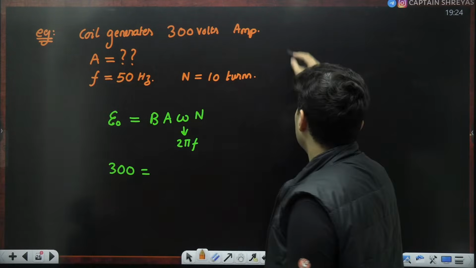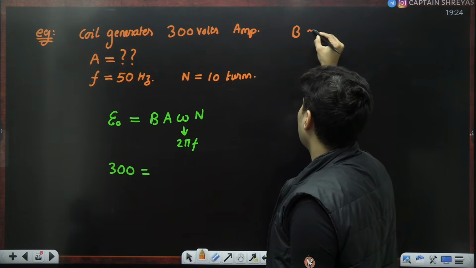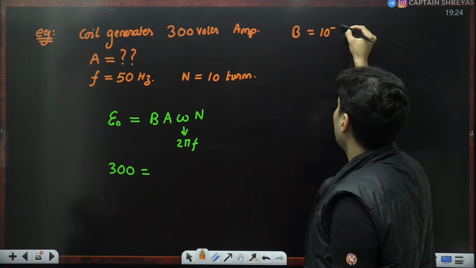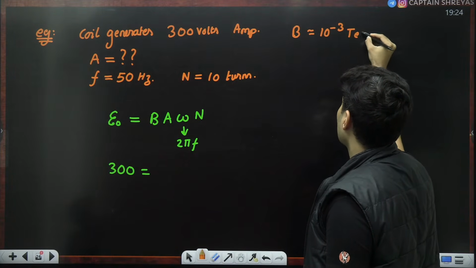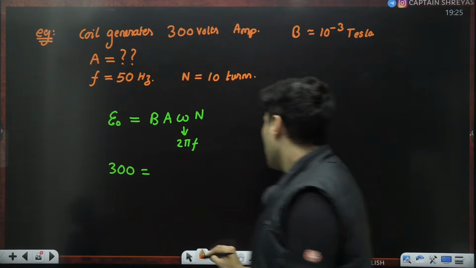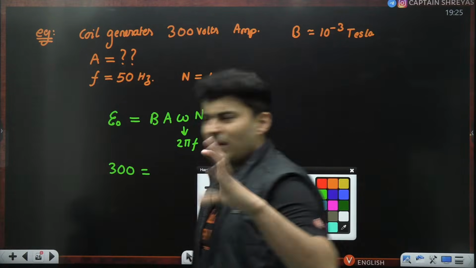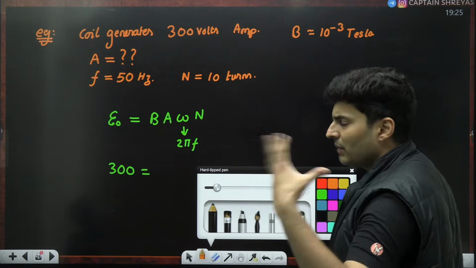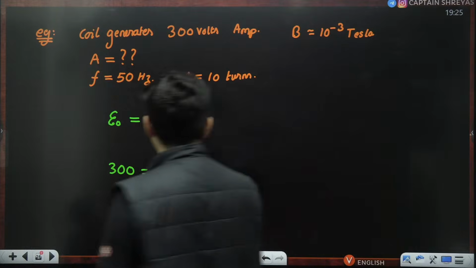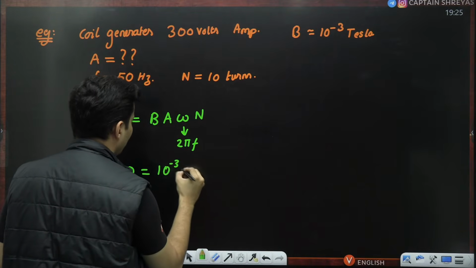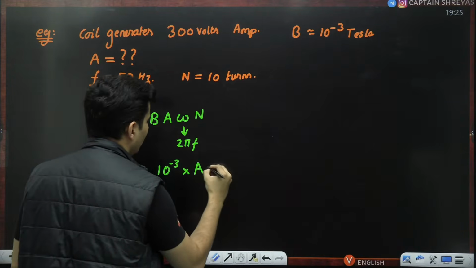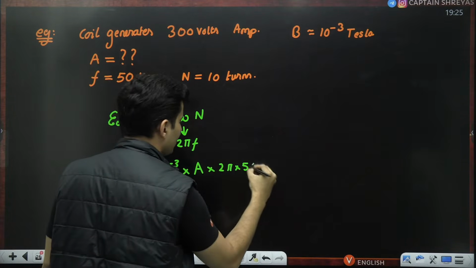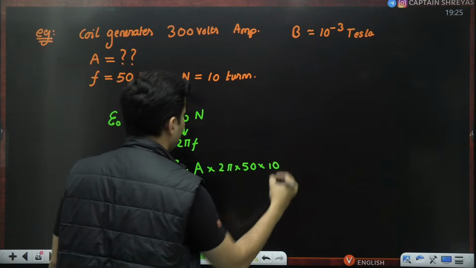Let's say the magnetic field in that region is 10 to the power minus 3 Tesla. So not very strong. Usually magnetic fields are in that range only, minus 3, minus 2, etc. Area I don't know. Omega is 2 pi into frequency. Frequency is 50 hertz. And the number of turns is 10.